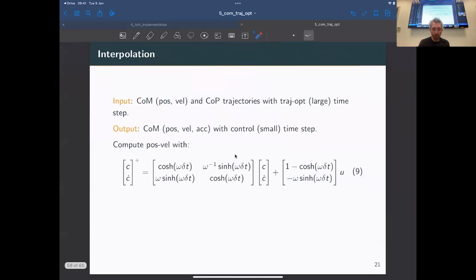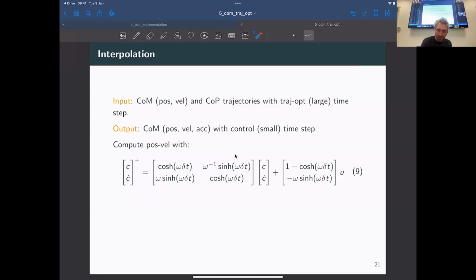And here we have different options. We could do a linear interpolation, but that wouldn't be very accurate. A better option is to do the interpolation using the LIPM dynamics, which we have already computed, because that gives us the exact interpolation between two points in time.